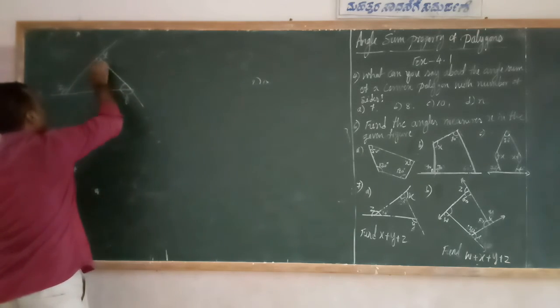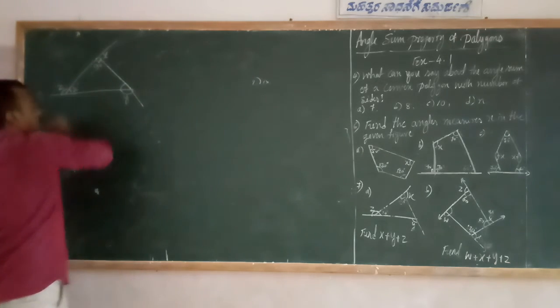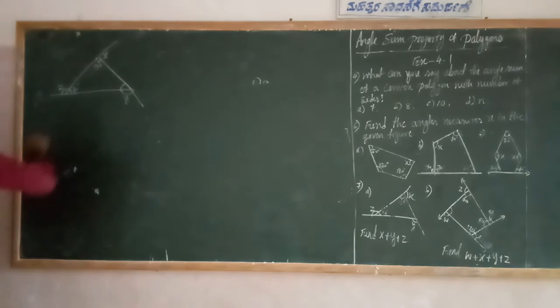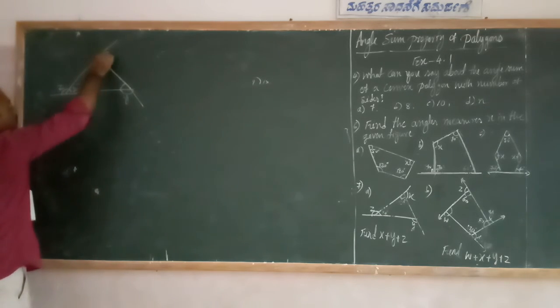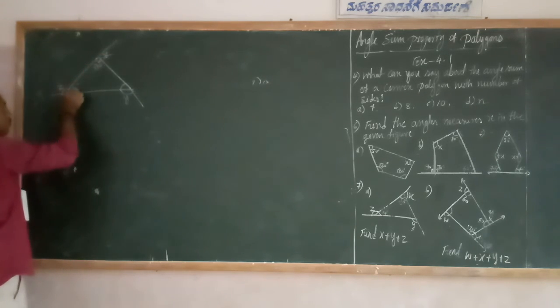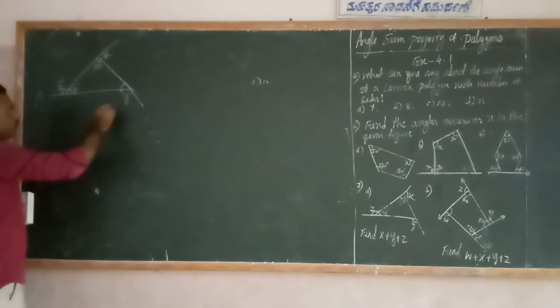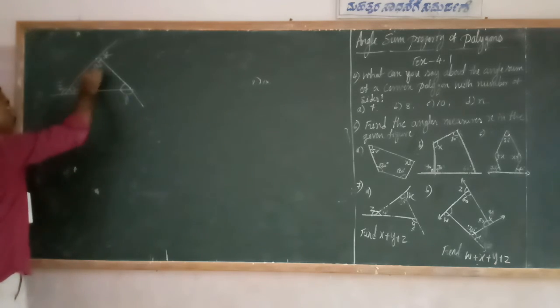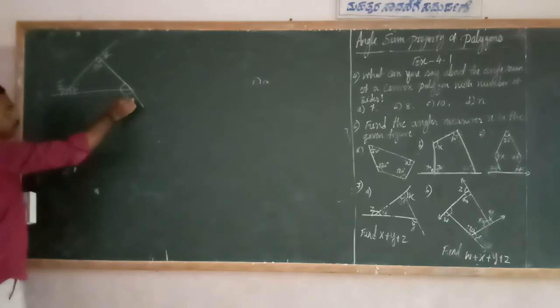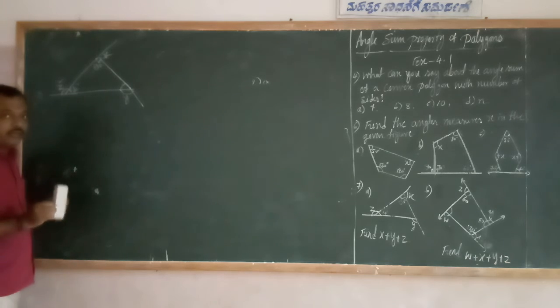Okay, this is 90 and this is 30. So first of all, we use this linear pair to find the x value. Use this linear pair to find the z value. But for the y value, the sum of the opposite interior angles is equal to y, because this is the exterior angle property of a triangle.